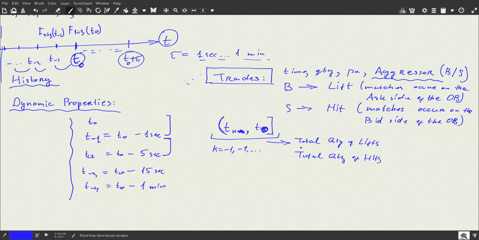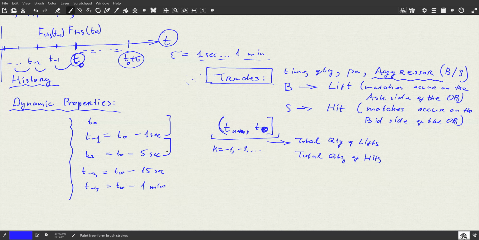You get the total quantity of lifts and total quantity of hits over this fixed time interval. Obviously, the total quantity by itself is not a good measure. We need to normalize it.